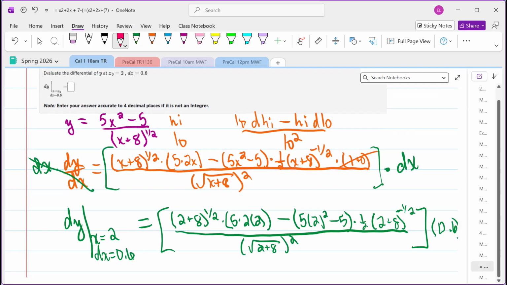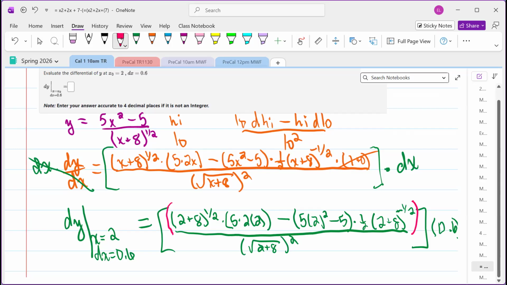So I'm going to do this in stages. I'm going to type everything that's on the top of the fraction and then hit enter. All right, so my top is 60.87, and so on.